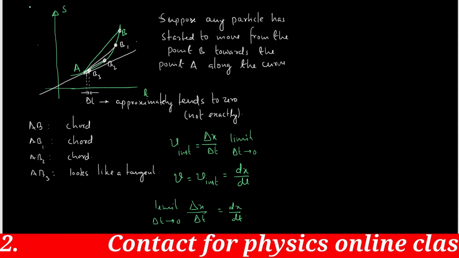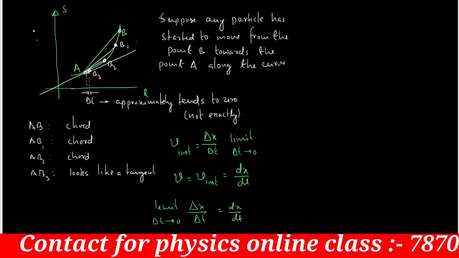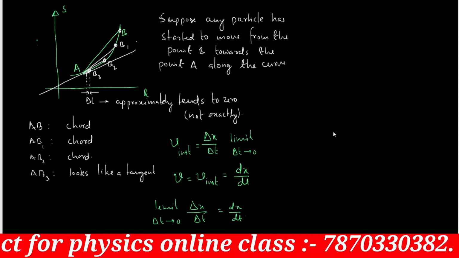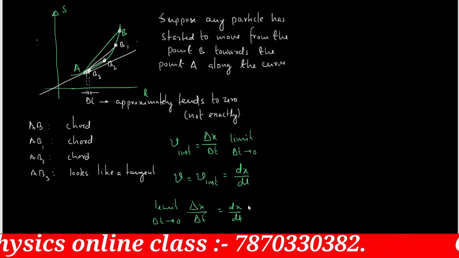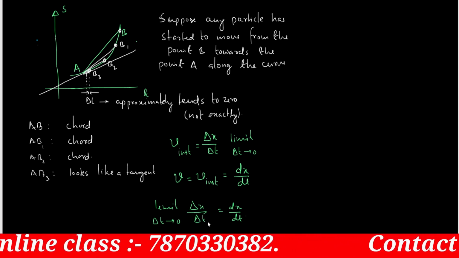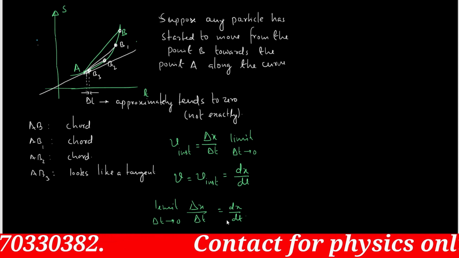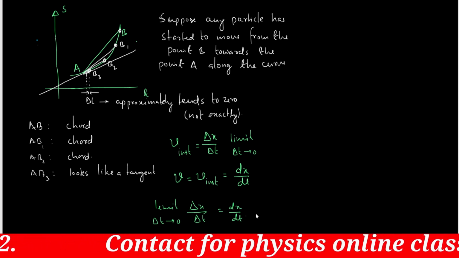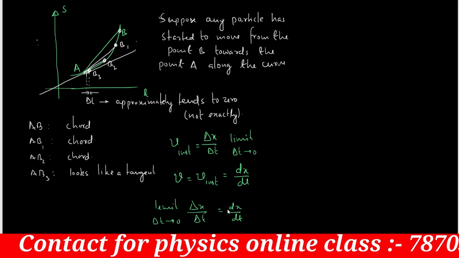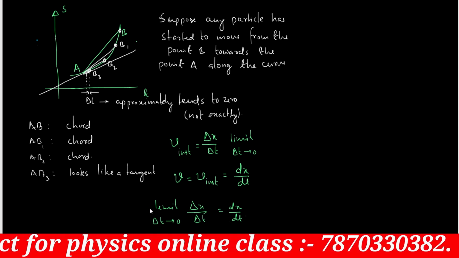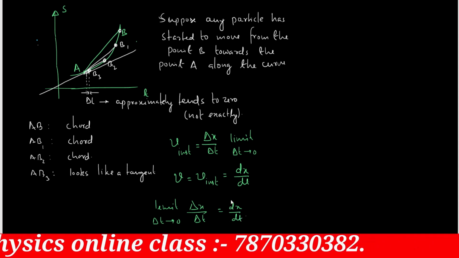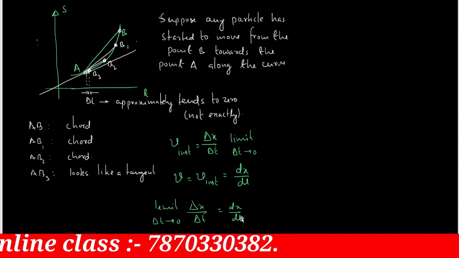Please try to understand one more thing. This is a time interval, and if we put delta t tending to zero, this will be very small. You can write it in differential form as dx by dt. This is the geometrical interpretation of dx upon dt.